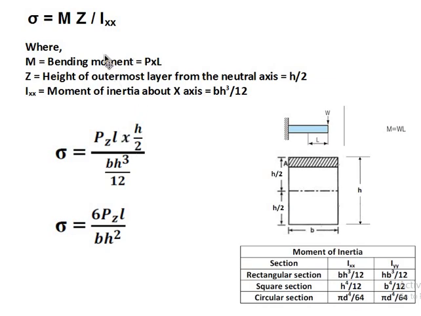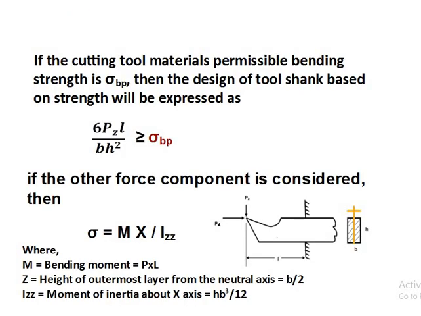So if we substitute this bending moment, z value and moment of inertia about the x-axis in the stress equation, we get stress is equal to 6 load into L divided by B H square.